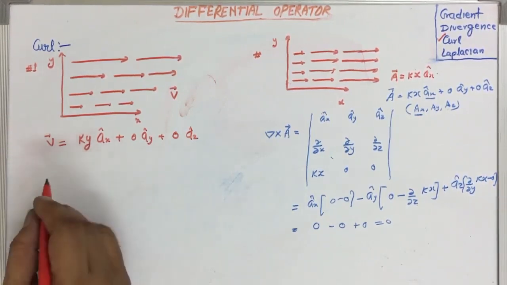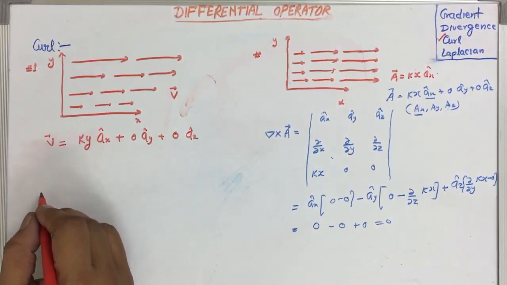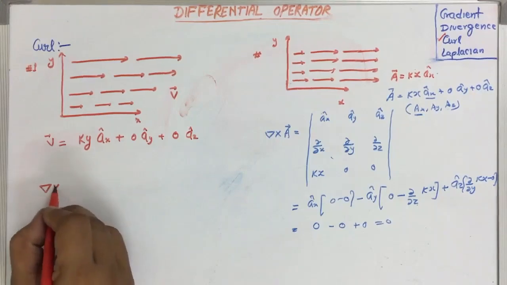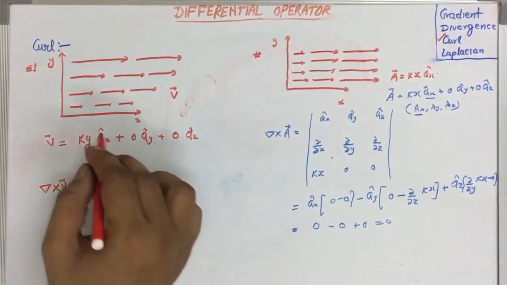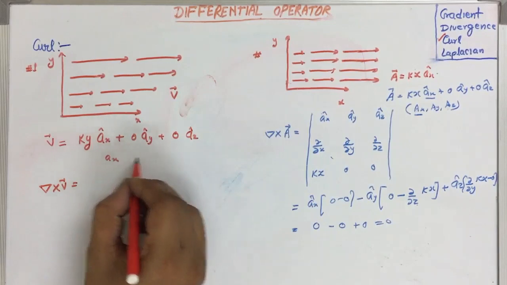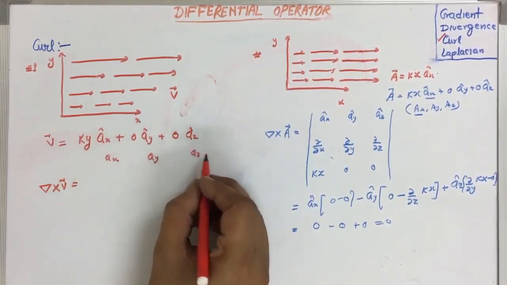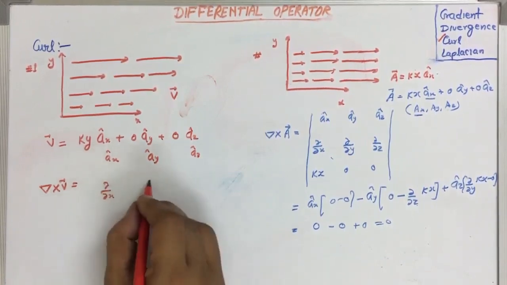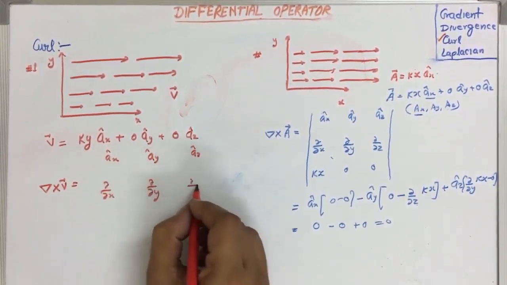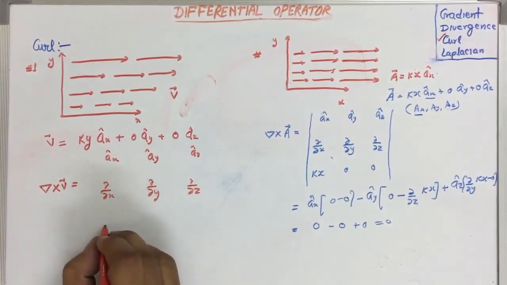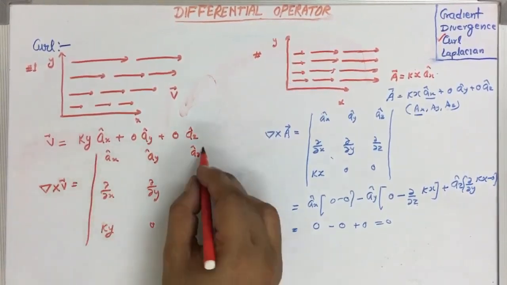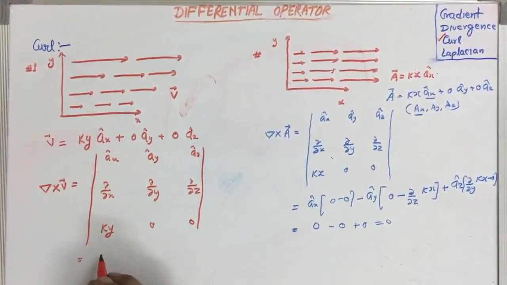Now we wish to find the curly nature of this field. Then the curl of field V, again in the rectangular coordinate system, ax, ay, az, del over del x, del over del y and del over del z. Here you have ky, 0 and 0. Find the determinant.